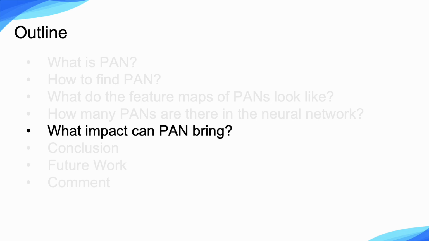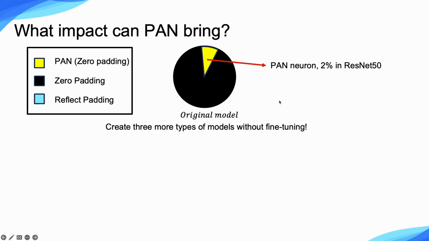So another question is to ask, what impact can pen bring? So here is the original model. Yellow represents the pen, black represents zero padding, and blue represents the reflect padding.